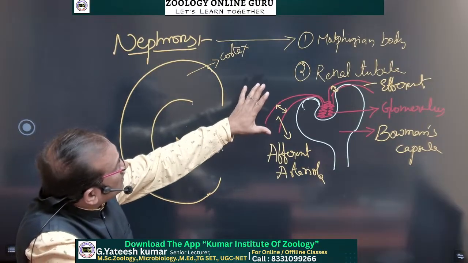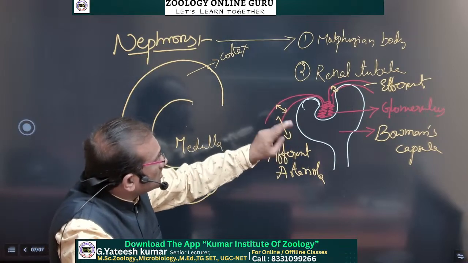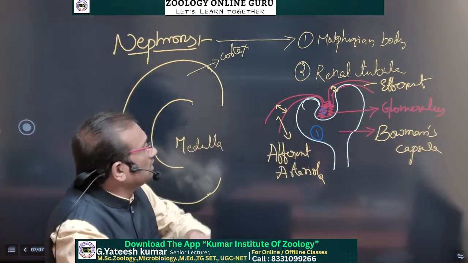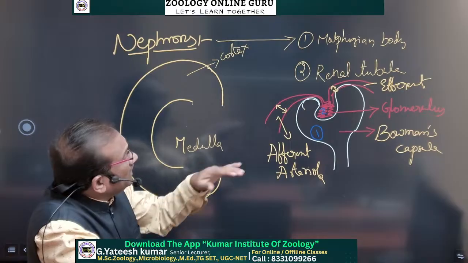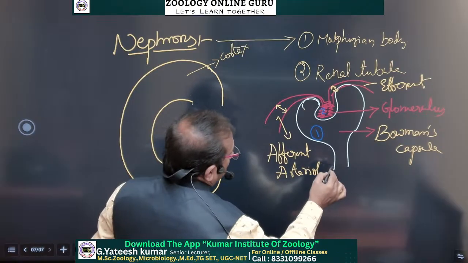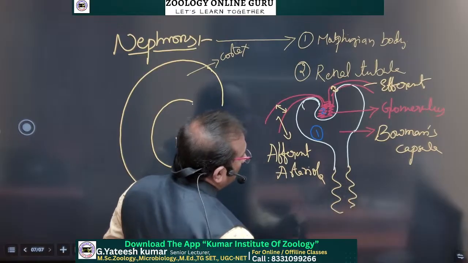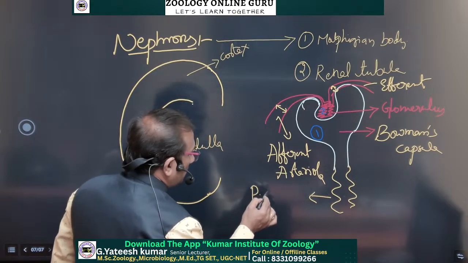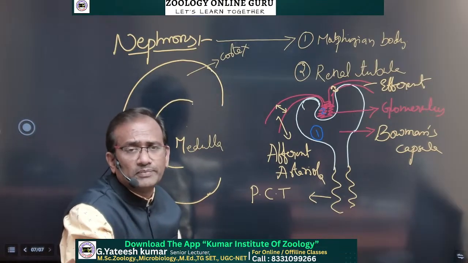In the nephron, two parts are there. One is Malphizian body, second is renal tubule. Malphizian body has two parts: Bowman's capsule and the glomerulus. Glomerulus and Bowman's capsule collectively are known as Malphizian body. Then the renal tubule. After Bowman's capsule, there is a tube with more convolutions, known as the proximal convoluted tubule, also simply PCT.